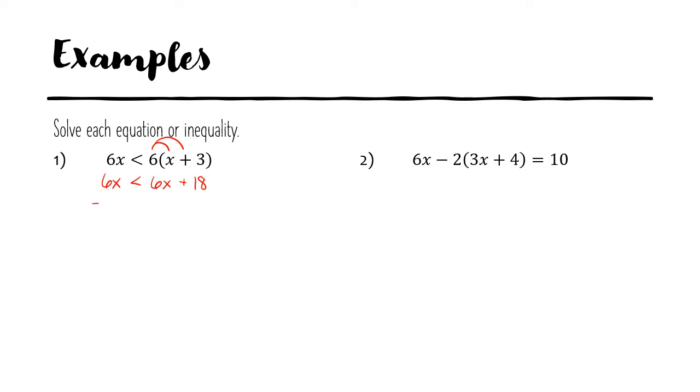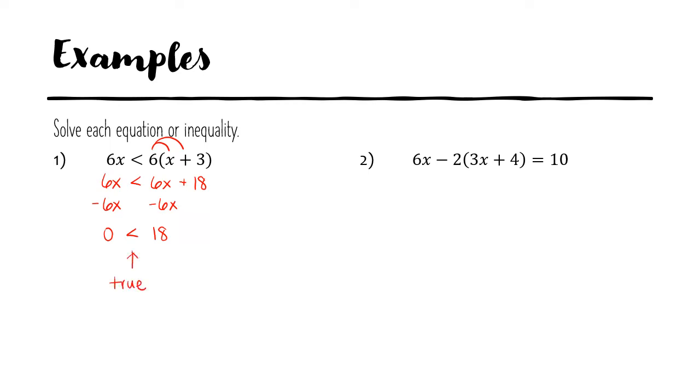I'm going to subtract 6x from both sides, meaning on the left-hand side, I have just 0. 6x minus 6x leaves me with nothing. So 0 is less than, what am I left with over there? 18. 0 is less than 18. Well, that is a true statement. True, true, true.